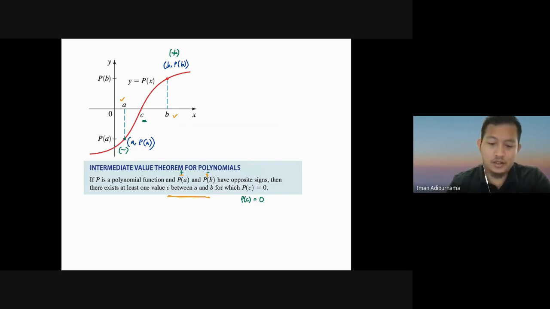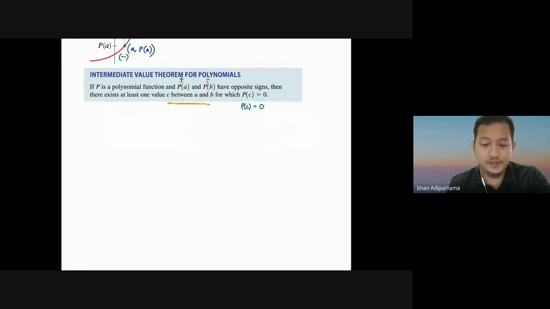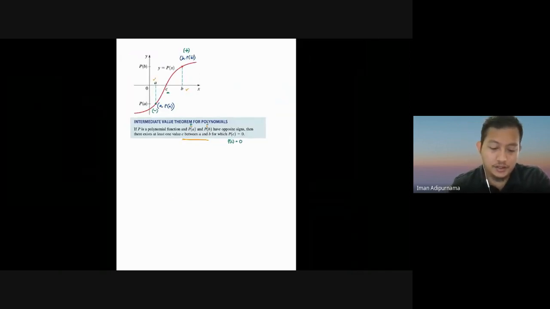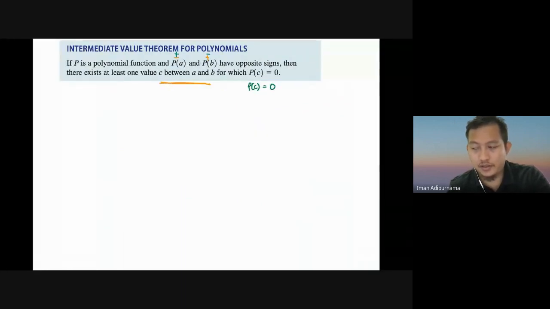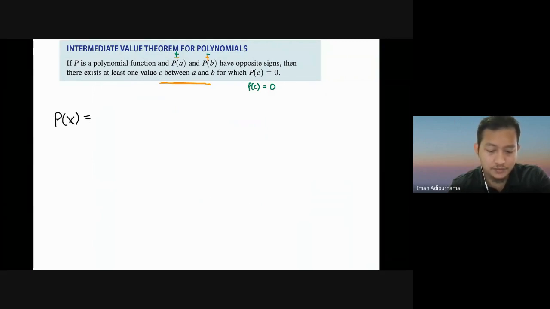Okay. Now, how to graph using this theorem and also the previous theorem? For example, if you have a polynomial function, let's say I will just directly use the factors.